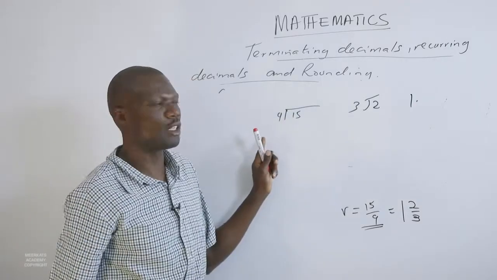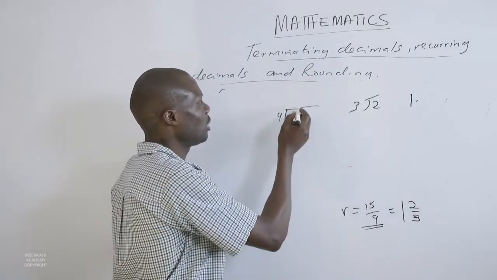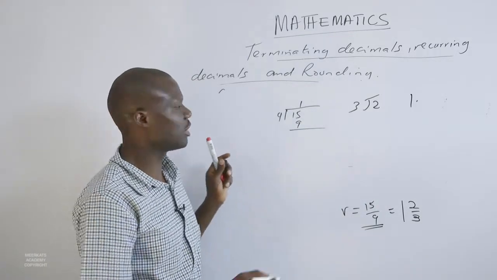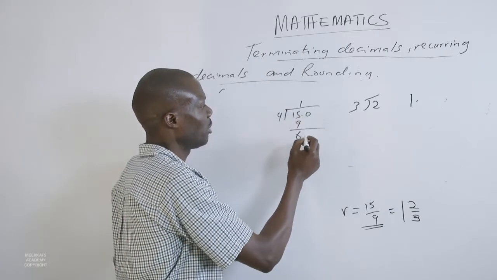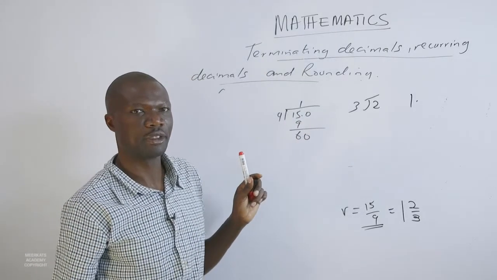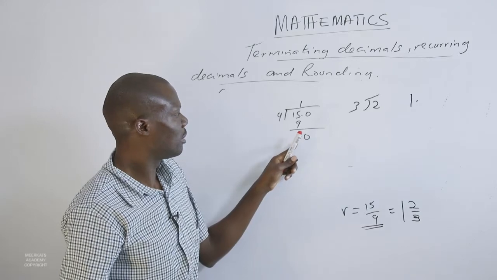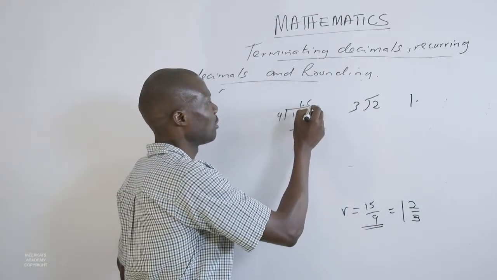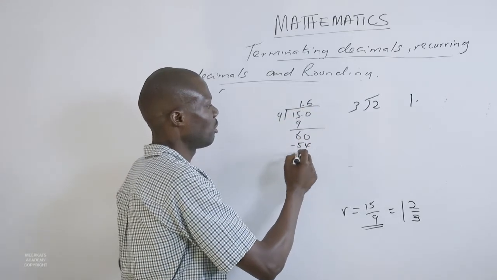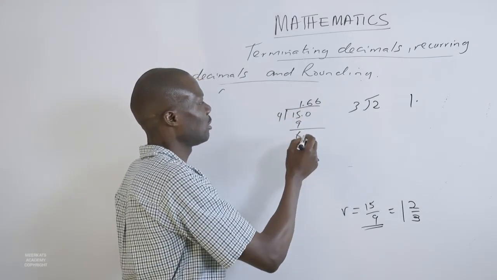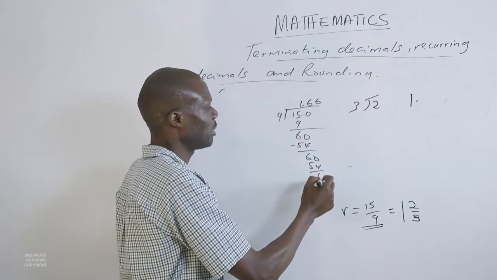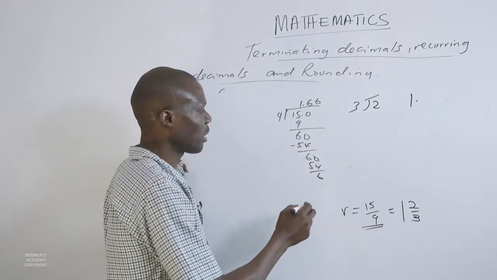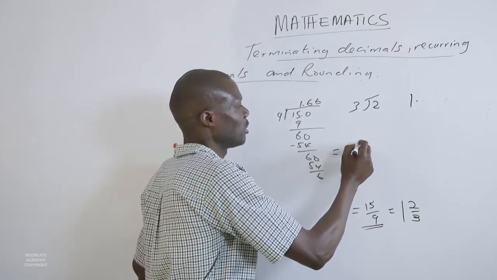So 9 goes into 15 once, 1 times 9 is 9. What remains is 6. So we bring this 0 down. And 60 divided by 9 is 6, because of 54. Again 60, 6, because of 54, and so on. So you realize you're having 1.6666 recurring, which is 1.6 recurring.